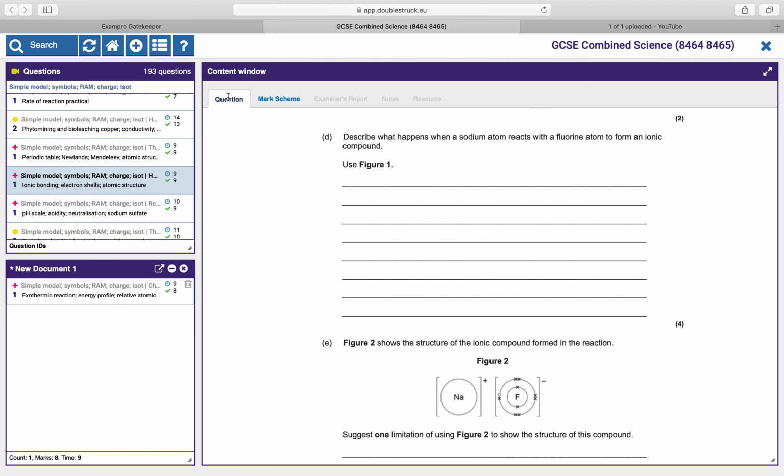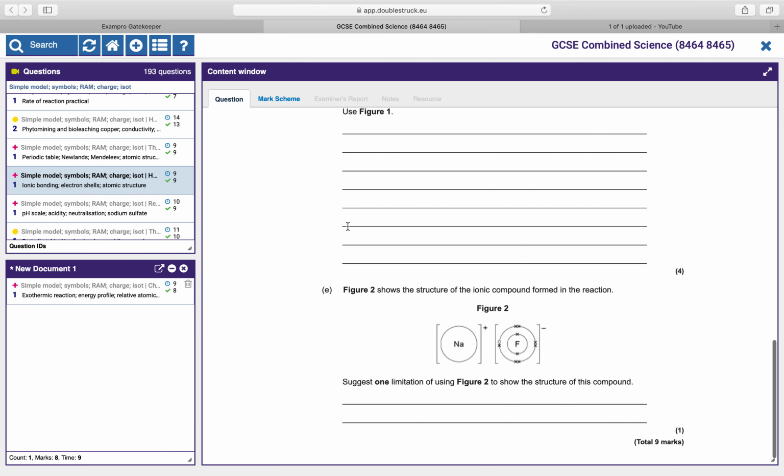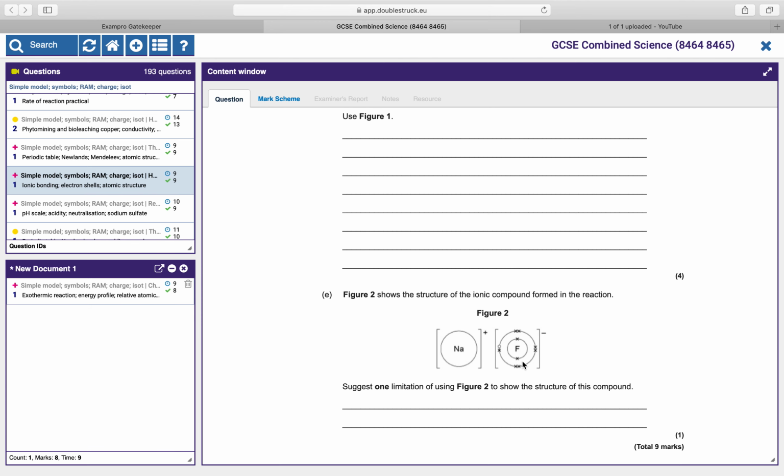And what's this one? Figure 2 shows the structure of an ionic compound formed in the reaction. Suggest one limitation of using this to show the structure of this compound. There is another method of drawing the structure of this compound that shows a sort of 3-dimensional shape.